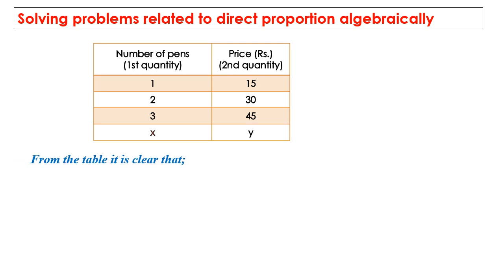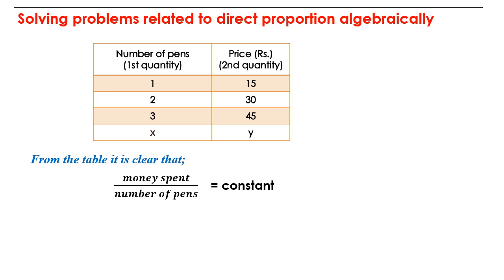Through the table, it is clear that the ratio of money spent to the number of pens is equal to a constant value. For example, here money 15, corresponding number of pens 1, so 15 over 1, 15.